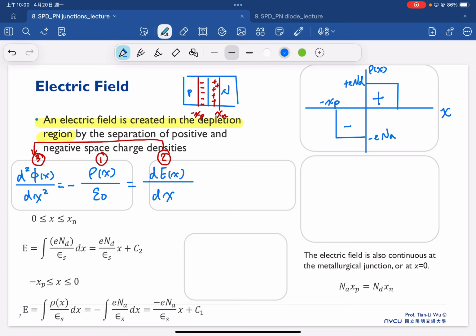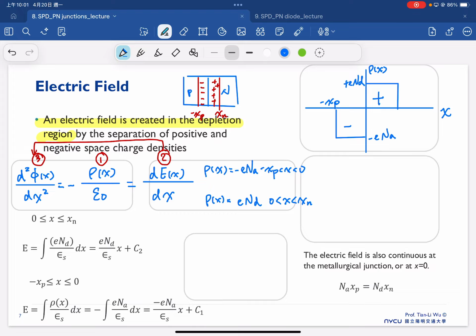So now with this charge distribution, we can start to write the rho x equation. Rho x in the region between minus xp and 0 is minus qNA, and also rho x in the region between 0 and xn is qND.